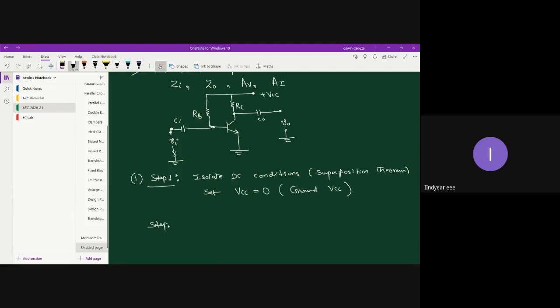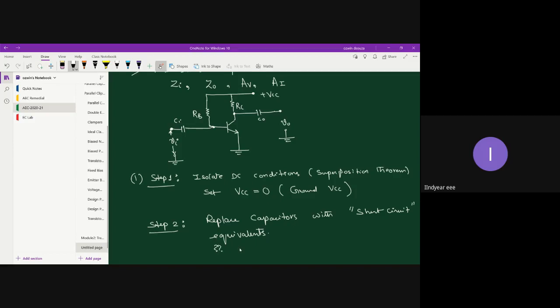In step 2, let me replace the capacitors with short circuit equivalence. The question is why? I think yesterday I have told you.